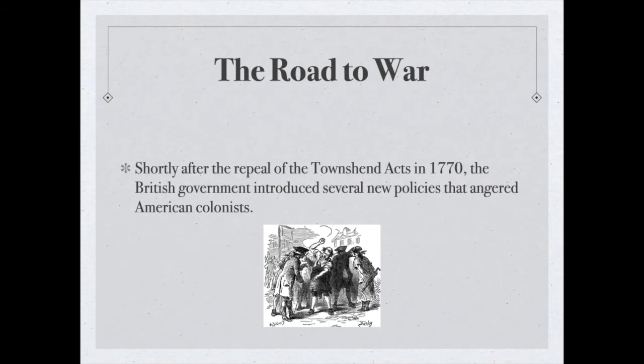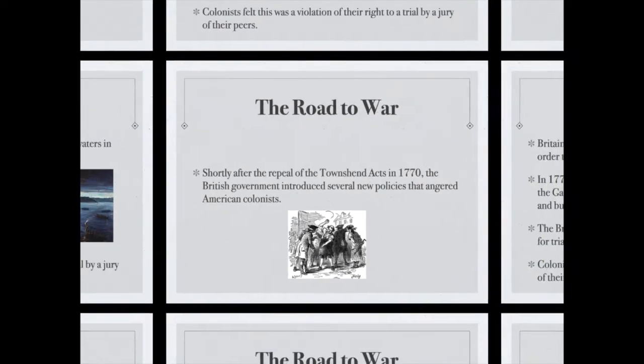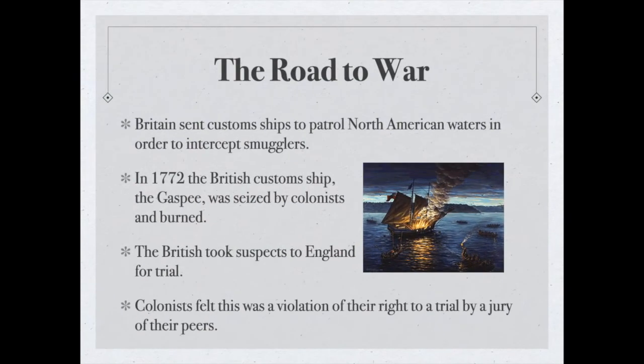The road to war. Shortly after the repeal of the Townshend Acts in 1770, the British government introduced several new policies that angered American colonists. Britain sent customs ships to patrol North American waters in order to intercept smugglers.